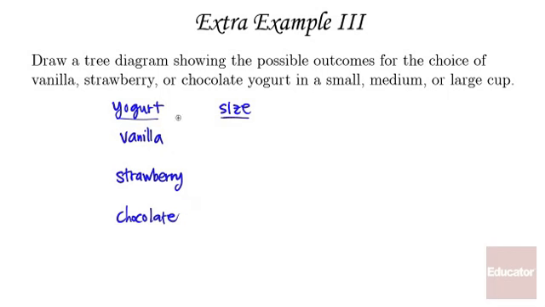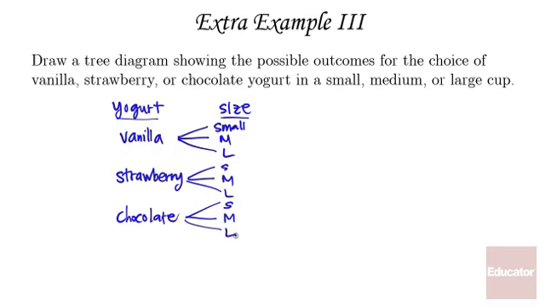So you can get the vanilla yogurt in small, medium, or large, right? Small, medium, or large. Get the strawberry in small, medium, or large. You can order the chocolate yogurt in small, medium, or large. So the different possible outcomes is going to be vanilla to the small. So small vanilla, right?